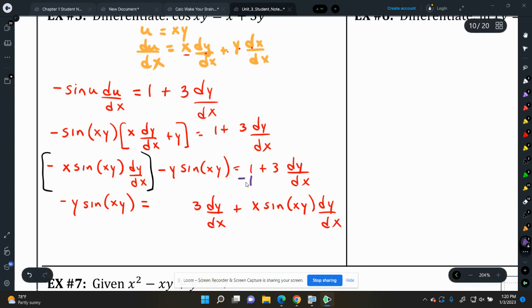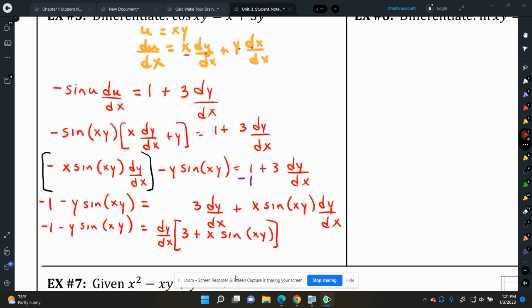Then I'm going to subtract 1 from both sides. So I have negative 1 minus y sine xy equals, we're going to take a dy dx out. Leaves me with 3 plus x sine xy.